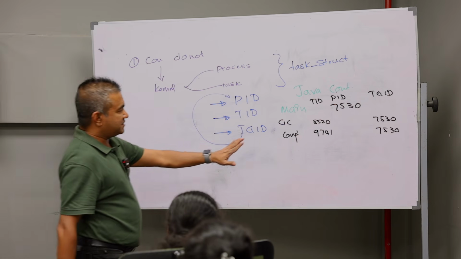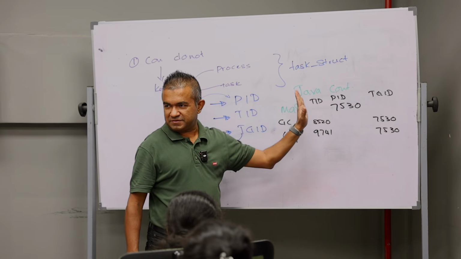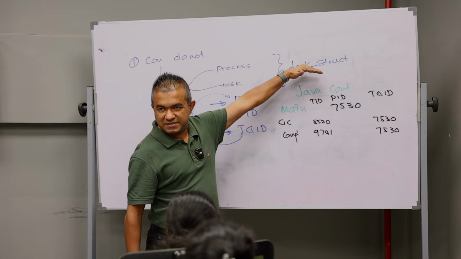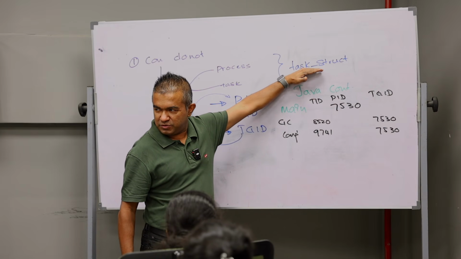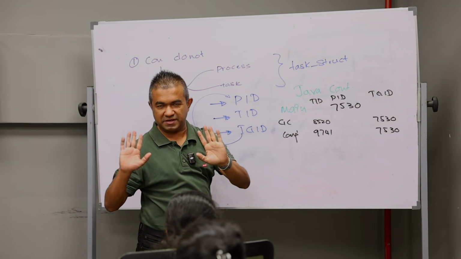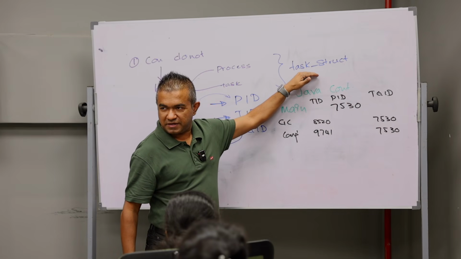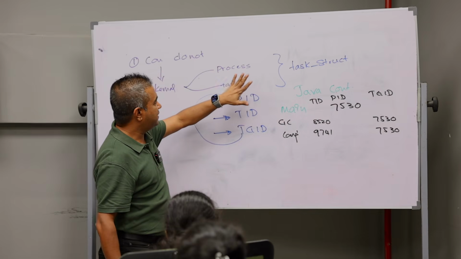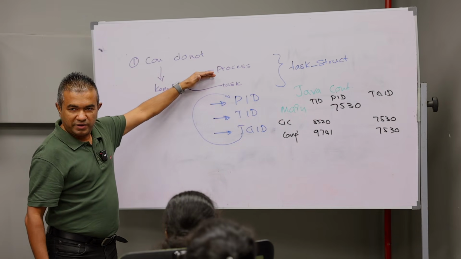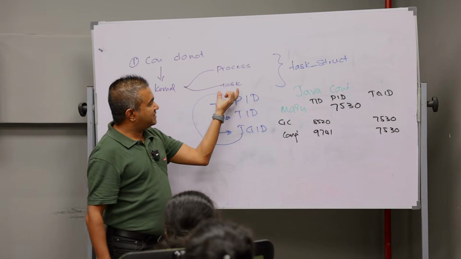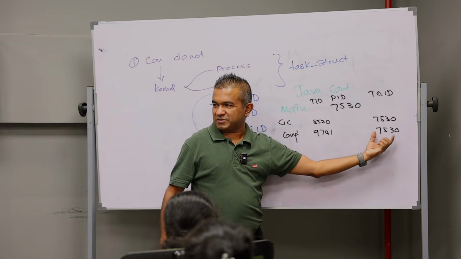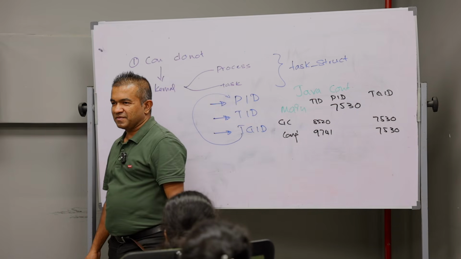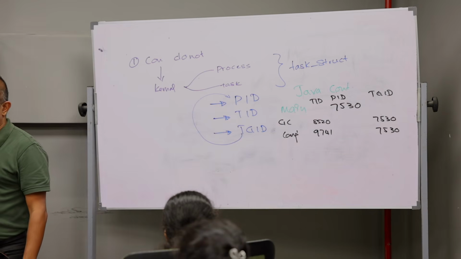So task and process are different, but as far as the kernel is concerned, they are almost similar, not exactly, because they both get the task struct, with the instructions and everything about the task. However, a task can share the process, but a process is independent.